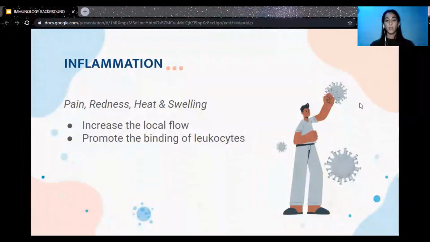The body is going to recruit all the effectors to the site of the infection because it increases the local blood flow, so the effectors are more prone to come to the site, and it also promotes the binding of the leukocytes to be able to extravasate from the bloodstream to the site of the infection.